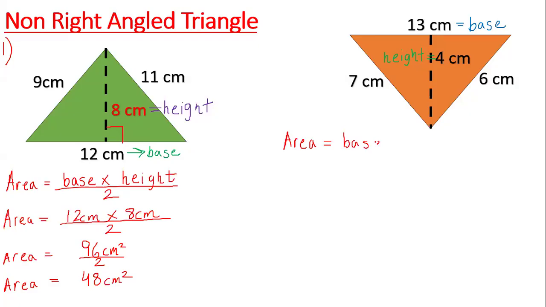By the way, if you know how to do it, you can put your answers inside the chat. That'll be good. Base multiplied by the height, all divided by 2.